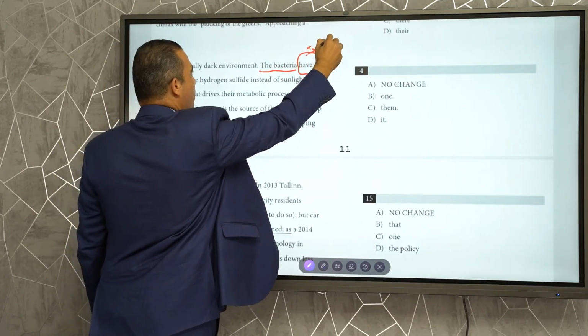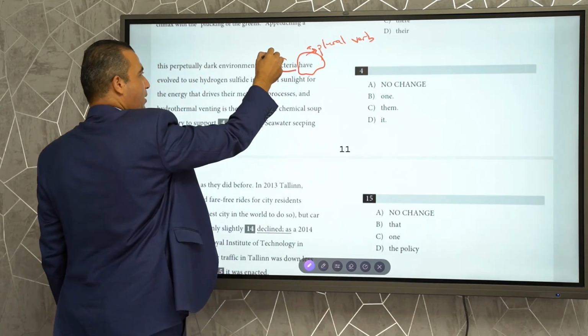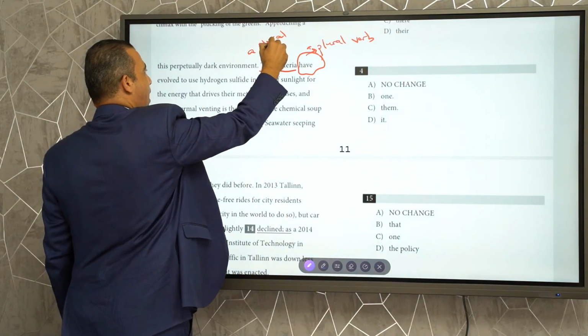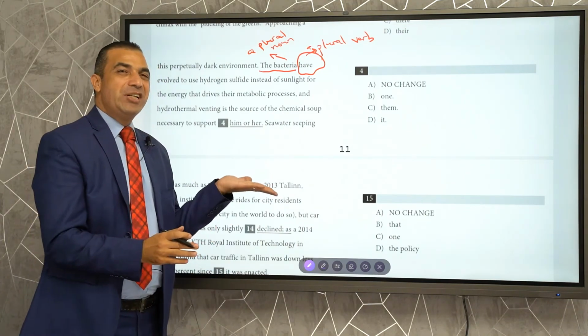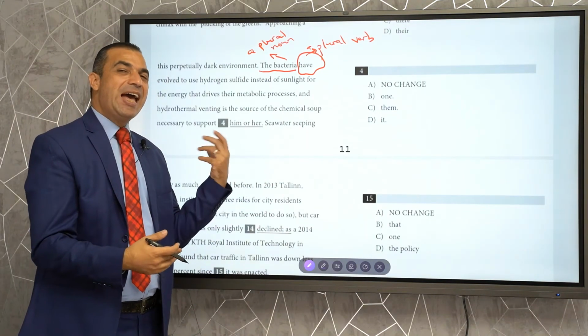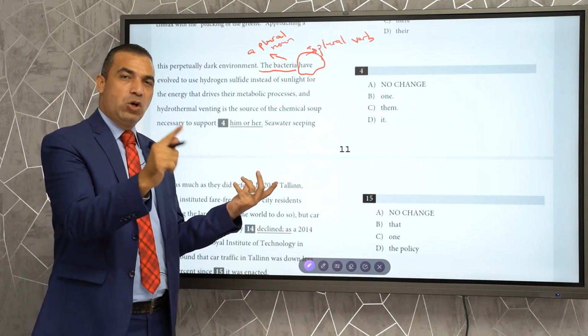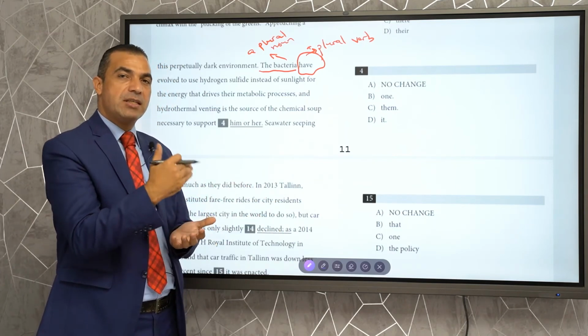A plural verb. So bacteria is a plural noun. Because I say the bacteria, the test makers say the bacteria have. You know that have is a plural verb and it goes with a plural subject. So bacteria is plural, of course, because they say the bacteria have.